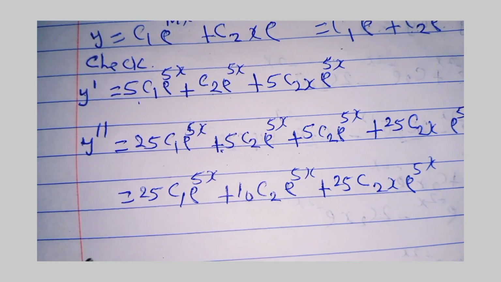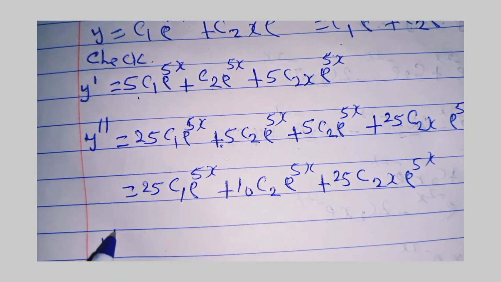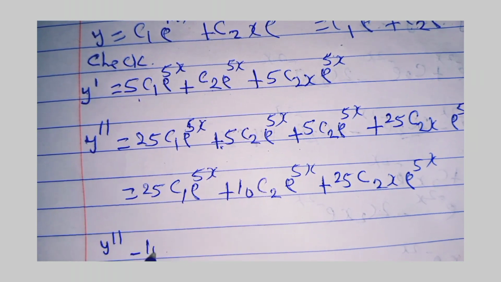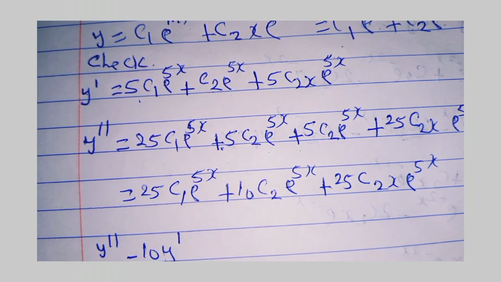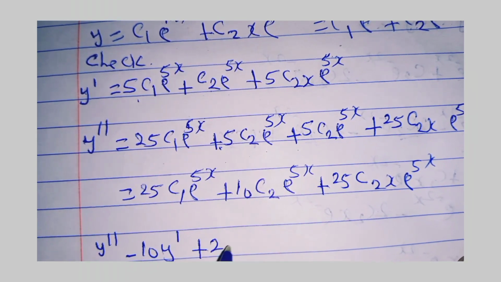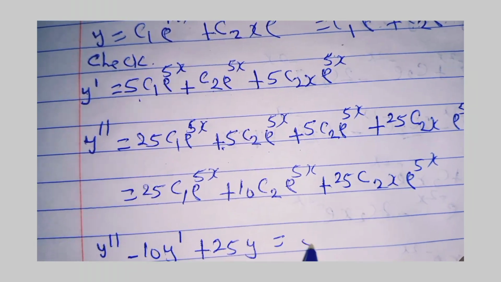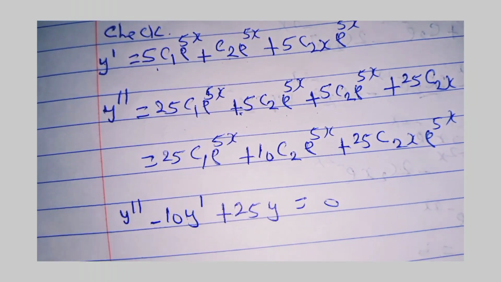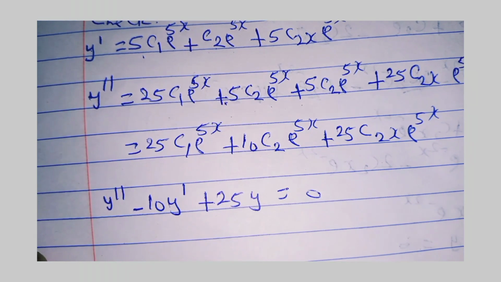Now our given ODE is y double prime minus 10y single prime plus 25y is equal to 0. So we substitute what we have obtained above to see whether our equation holds.